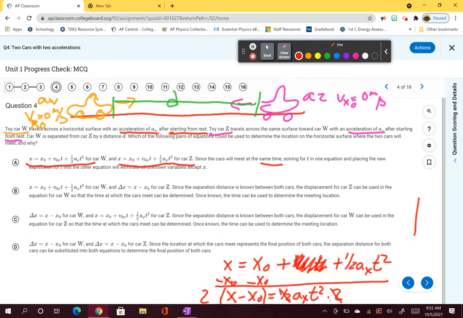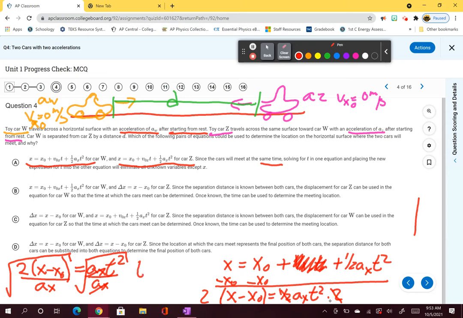Okay. So we have 2 times (x minus x naught) equaling ax t squared, and divide both sides by ax. Then we have to get rid of the square, so I'm going to go ahead and square root.